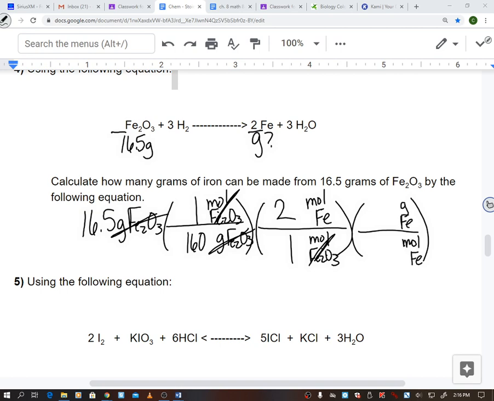I just need to know how much does iron weigh. Now it's not Fe2 or anything like that, like we get O2. It's just iron, so that is 56 grams in 1 mole. 16.5 divided by 160 times 2 times 56 is 11.55 grams of iron.